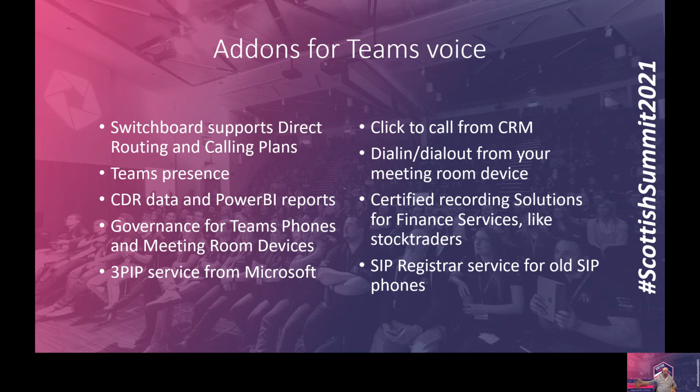So if you have a country with calling plan and another country with direct routing, no problem. Some of the switchboards can merge that together, and you can also get mobile presence if your telco in your country provides mobile status into the system.